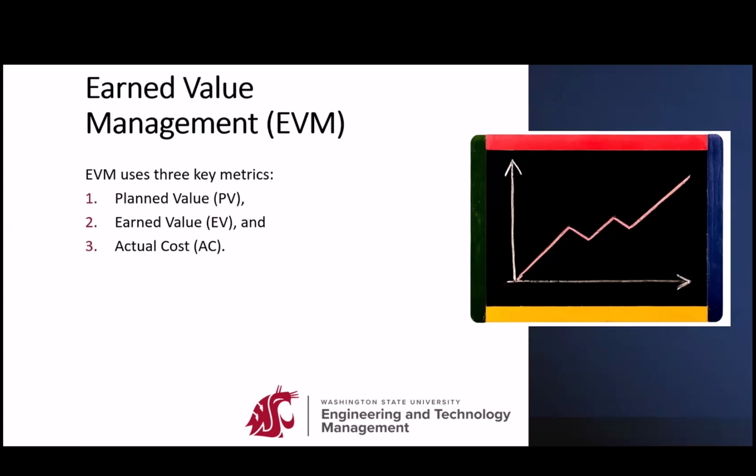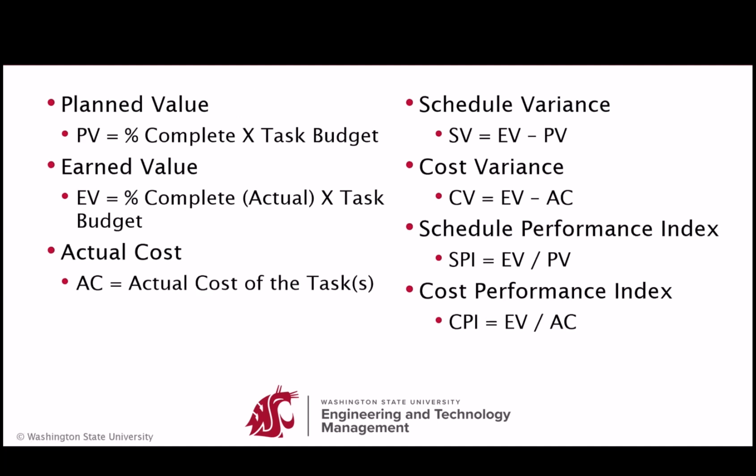The way it works is it can give us schedule variances, it can give us cost variances, and predict, if things don't change or if we don't make a change, what the final cost of the project is actually going to be. There are some limitations to earned value management, but it's a pretty dang cool tool.